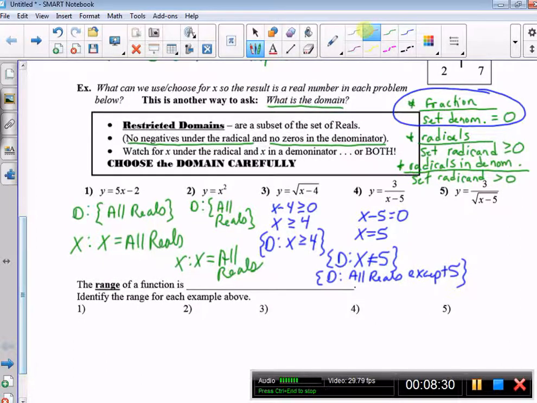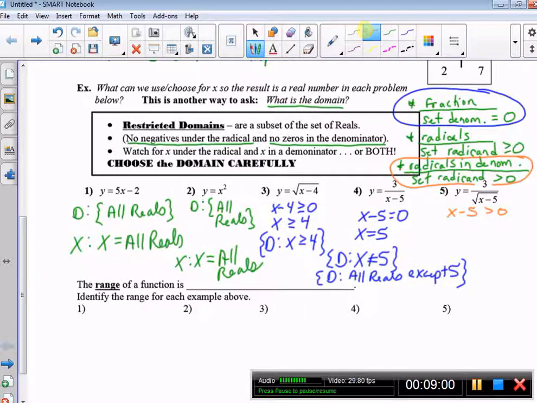Okay, and then on number 5, now we have a radical in the denominator. So for that one, I set the radicand greater than 0 because I cannot have it equal to 0 on the denominator, and I cannot have a negative under the radical. I don't want it to be equal to 0, because then it would be undefined.